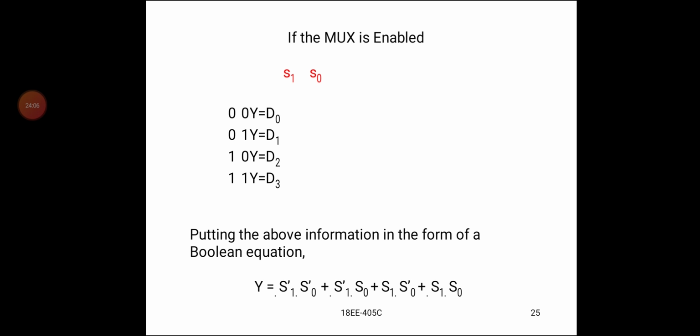Or if S0 is 1 and S1 is complemented, then D1 is connected to the output line. Or S0 complement and S1, D2 is connected to the output line. Or S0 and S1 both logic 1, then D3 is connected.